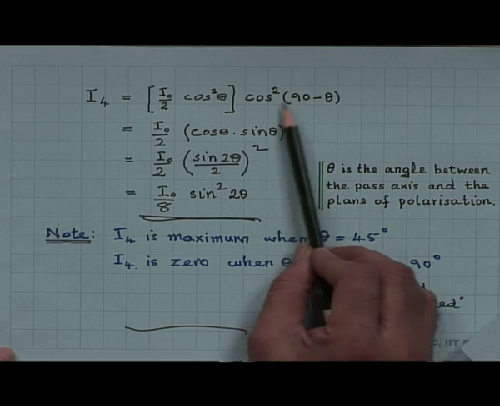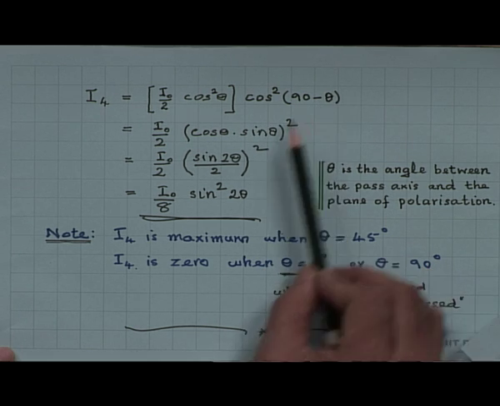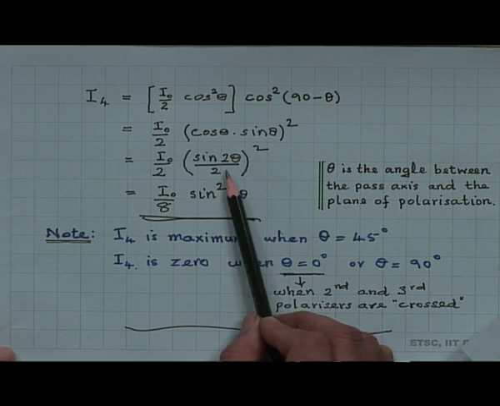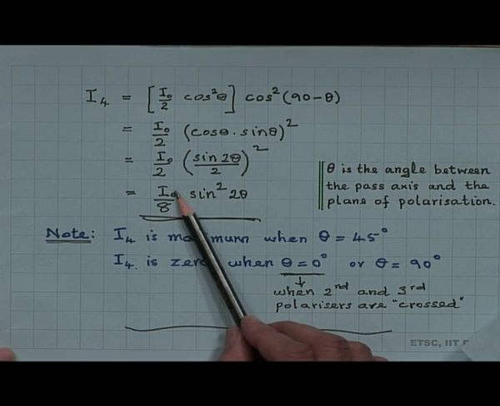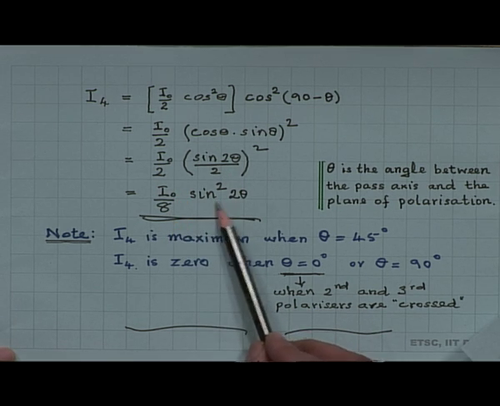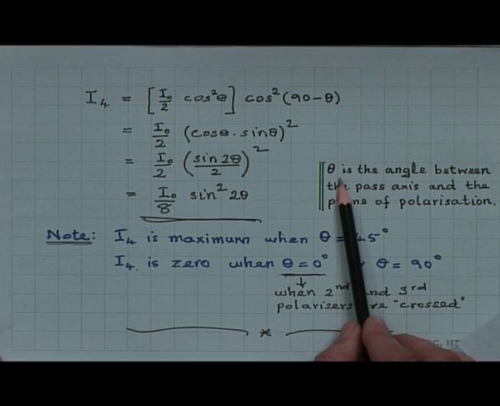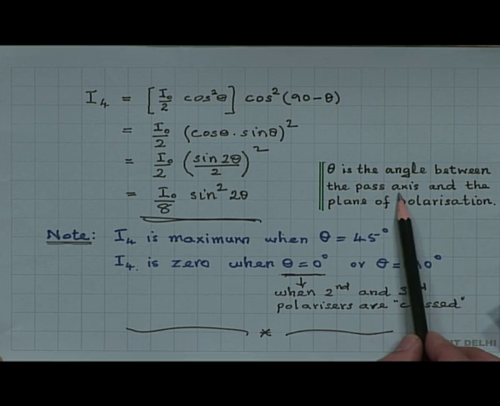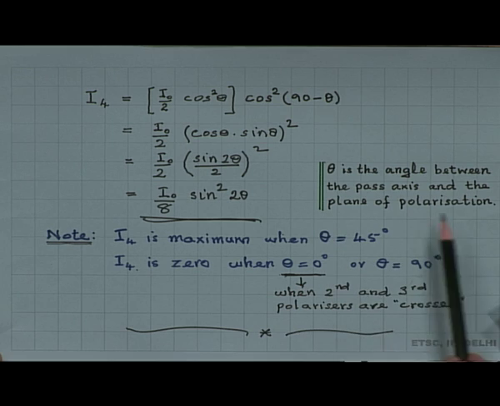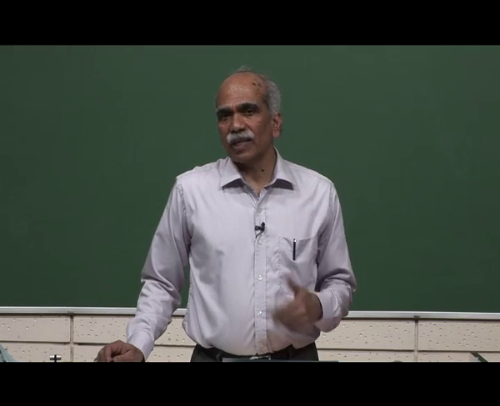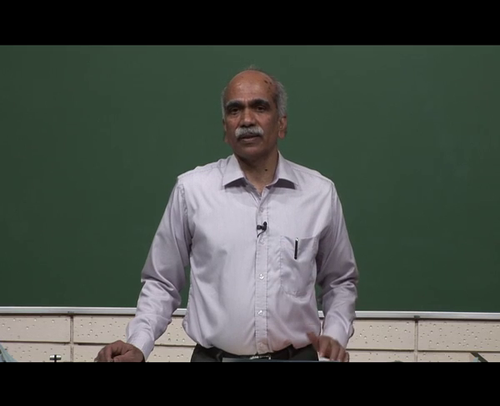Cos 90 minus theta is sin theta, and therefore, this is I 0 by 2 into sin 2 theta by 2 whole square, which is equal to I 0 by 8 into sin square 2 theta. Theta is the angle between the path axis of the third polarizer and the plane of polarization, which is introduced between the first and second crossed polarizers.